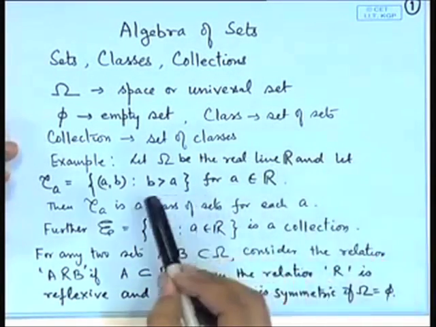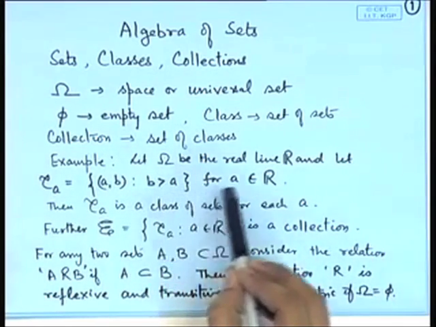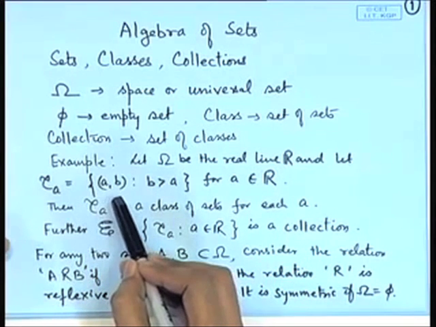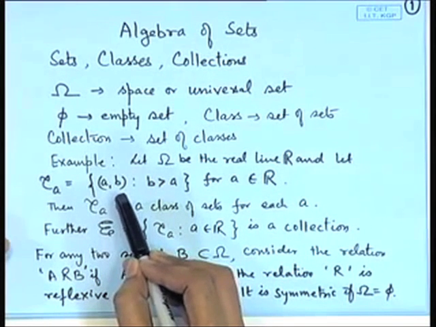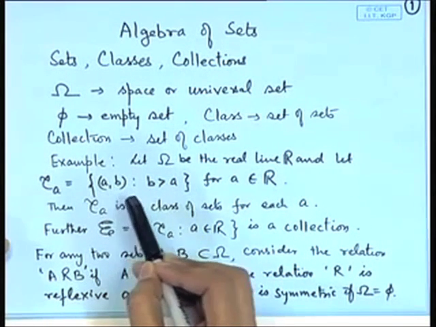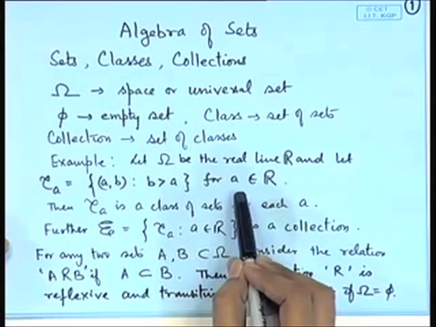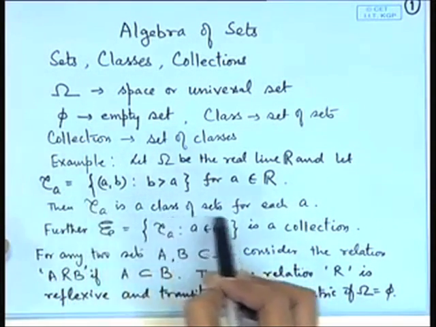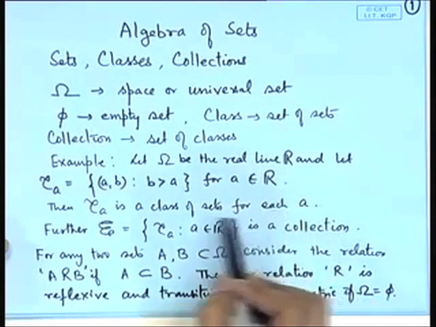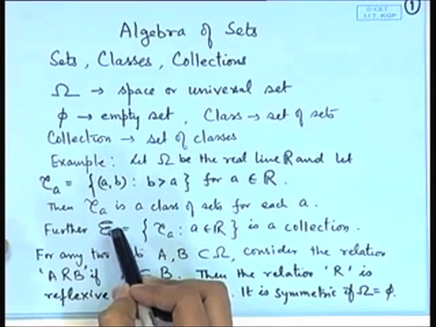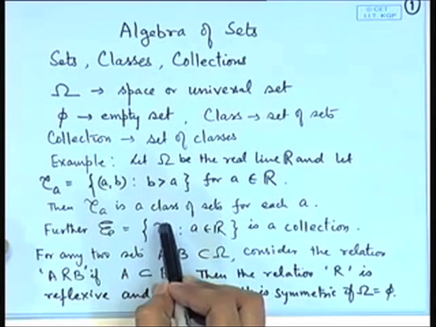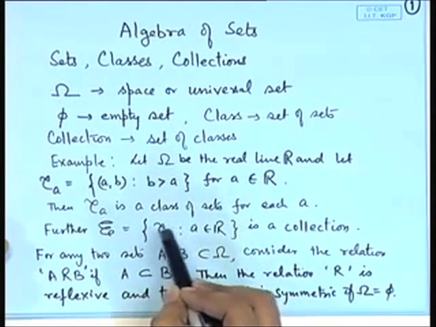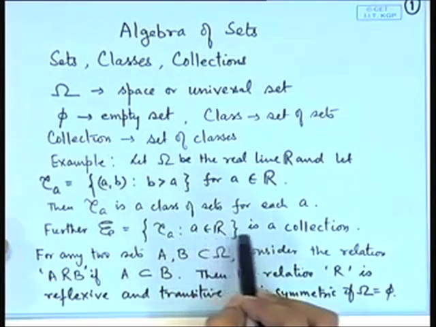As an example, suppose omega is the real line R, and we consider the collection of intervals from a to b, where b is greater than a, for every real number a. Then this C_a is a class of sets for each a, and if we collect all these classes C_a into a set called script E, then this is a collection.